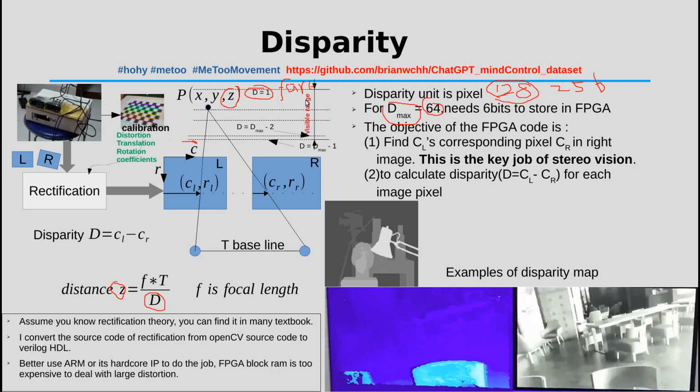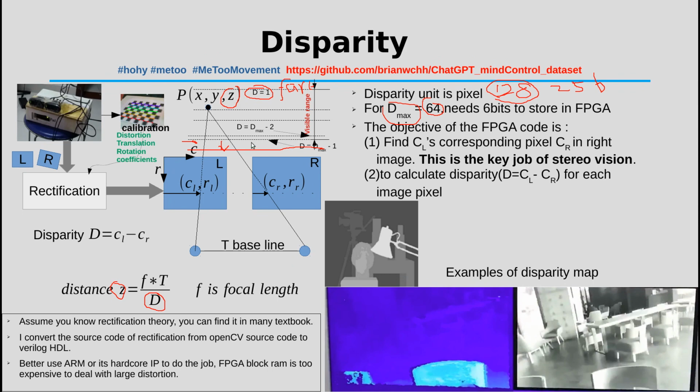Sorry, my English is so poor. Okay, you get the idea. This is the nearest point. So if you increase this Dmax, you can observe nearer distances. That really depends on your usage scenario.